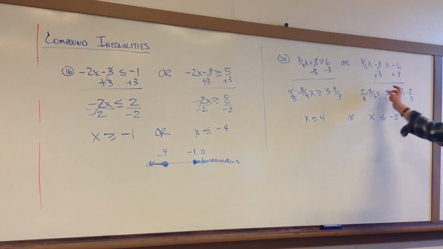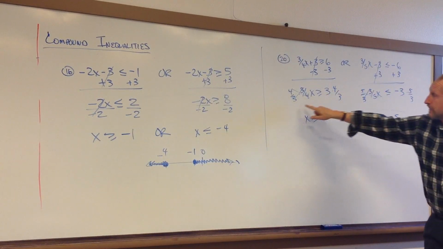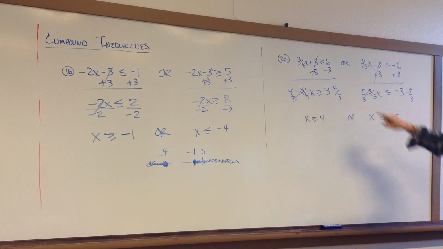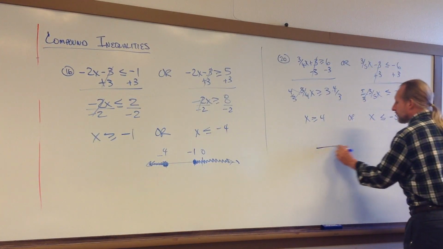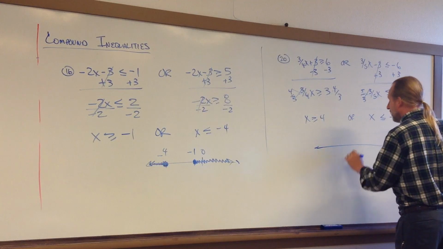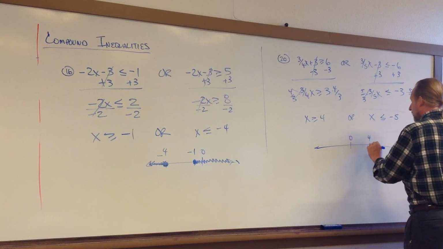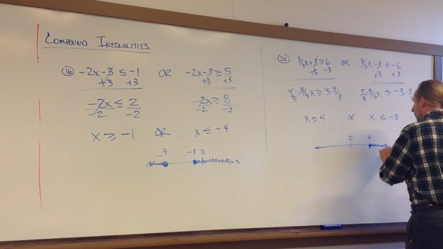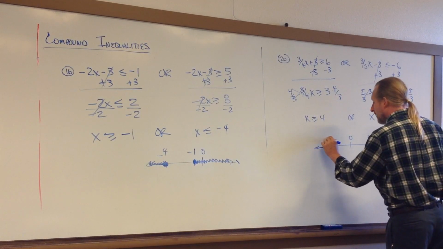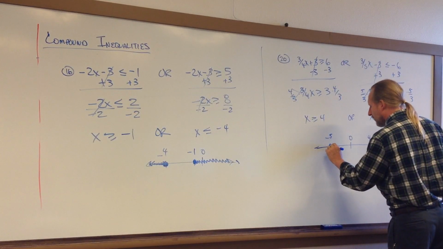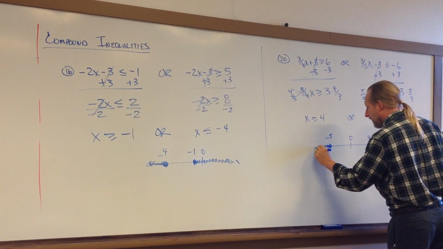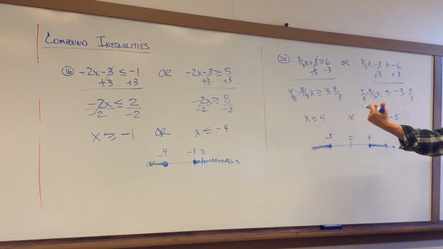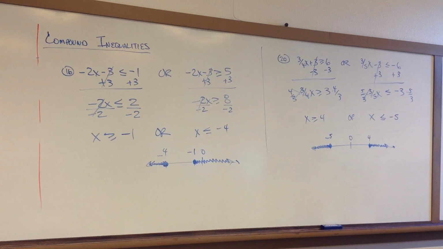And notice we didn't flip these around because in both cases we were multiplying by a positive number. And so our solution on the number line looks like x greater than or equal to 4. And then over here, x less than or equal to negative 5. And it has that typical OR look to it.